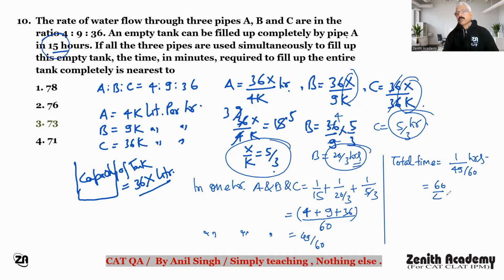So 60 by 49 hours is the answer, but here the answer is required in minutes. So multiply it by 60 minutes. This is coming 3600 by 49 minutes, approximately 73 point something minutes. This is our answer.